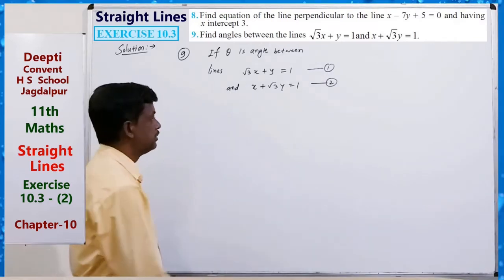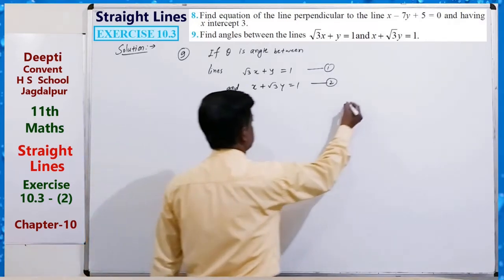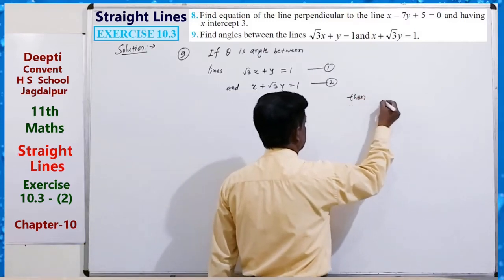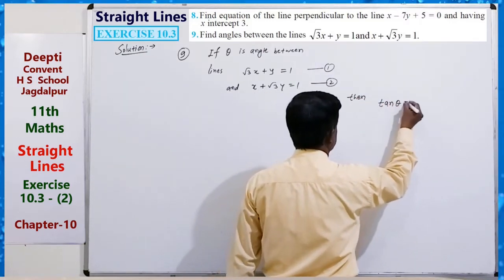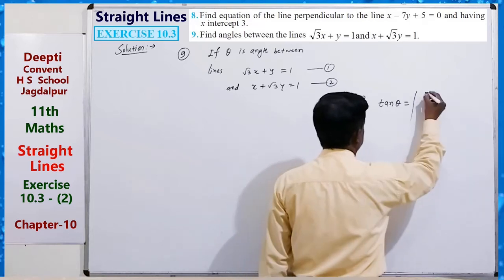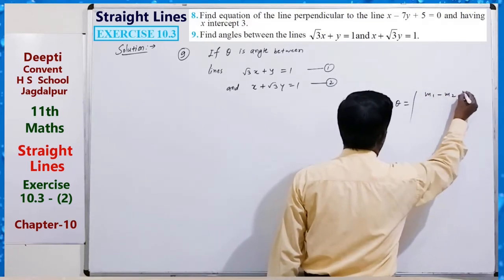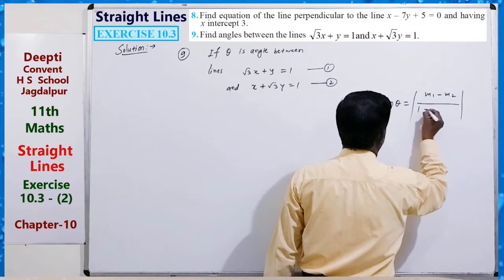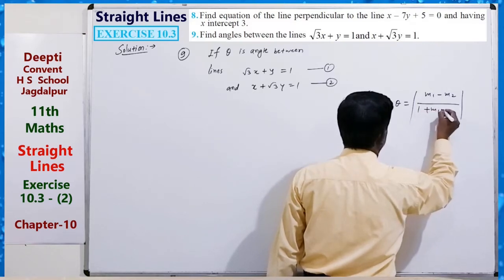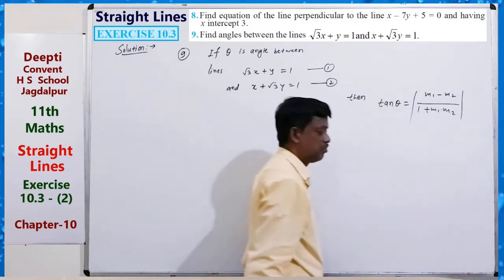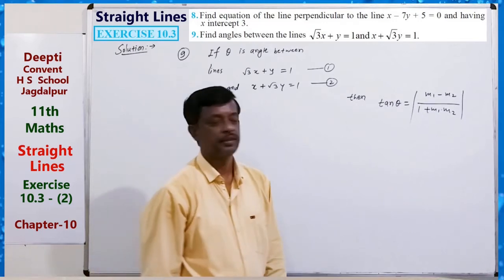If theta is the angle between these lines. Clear? Then tan theta equals modulus of m1 minus m2 upon 1 plus m1 m2. This is our formula. Clear?